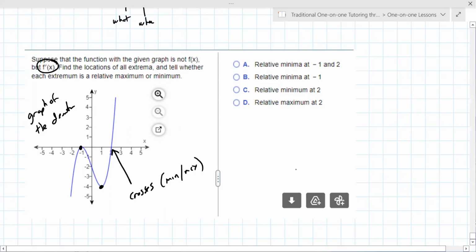So where it crosses is either a min or a max. And if you remember, we made some sign charts. So if it goes from plus to minus, the original graph looks like this, and that's a max. If it goes from minus to plus, the original graph looks like that, and it's a min. So in terms of this point right here at 2, it's going from being negative to being positive.